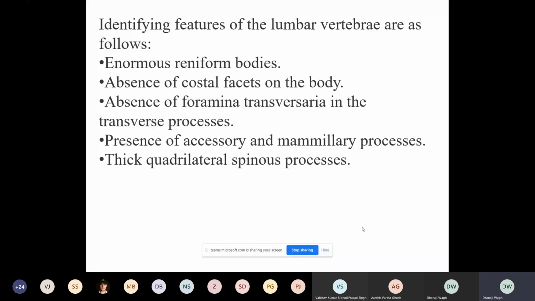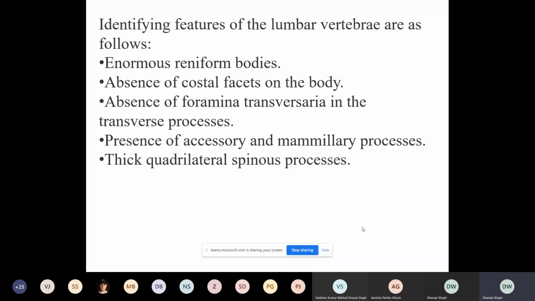This foramen transversarium is present only in the cervical vertebrae. That means this foramen is absent in the lumbar vertebrae. So this is another main identification mark of the lumbar vertebrae. Then presence of accessory and mammillary processes.